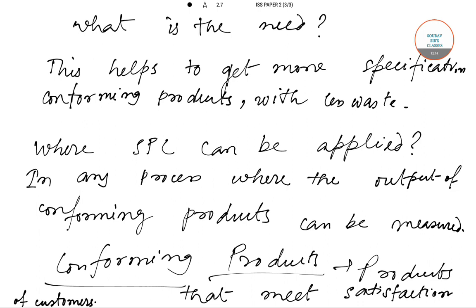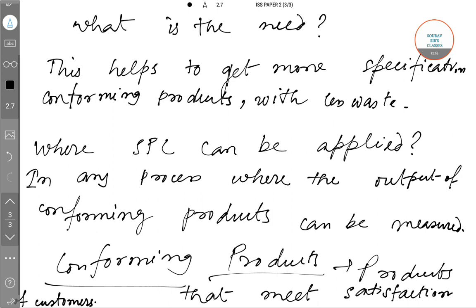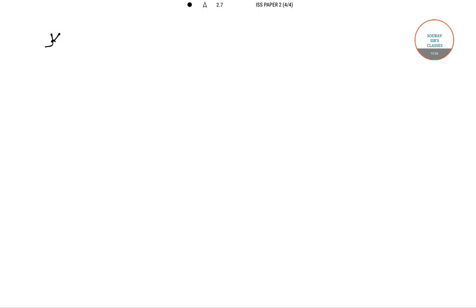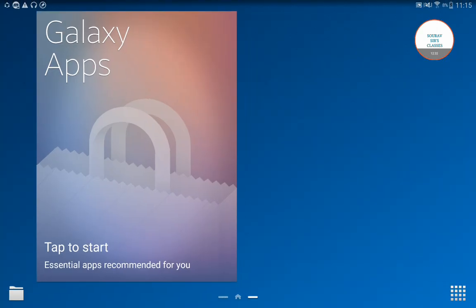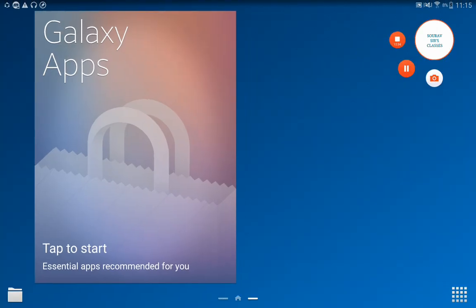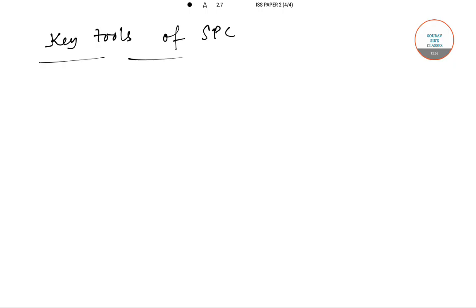Before I go to the next part, let me add a page here. Okay, so now what are the key tools that are used in SPC? The key tools of SPC are basic. I'll number them.